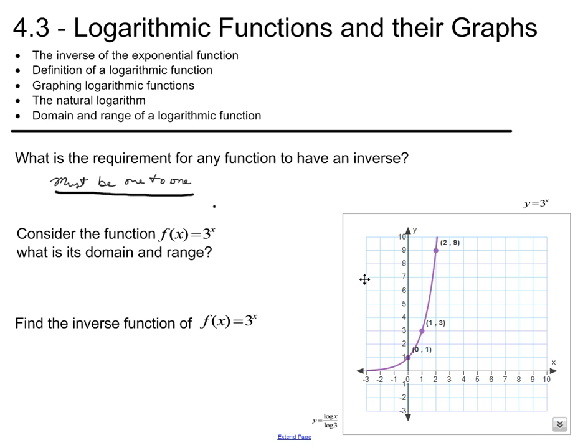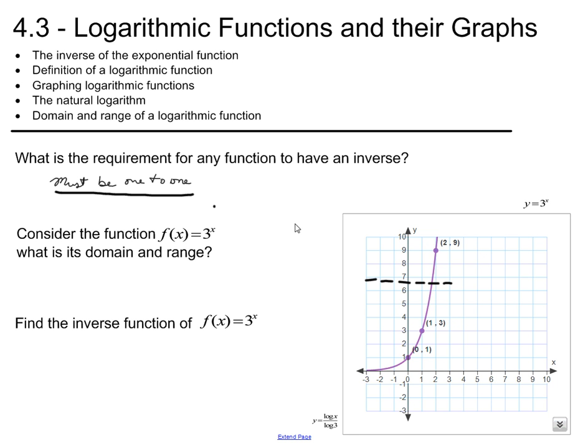If we were to draw a horizontal line through our graph at any point of the function, it would pass through in one and only one place. And so this is an important aspect of this, and we can say that each value of x is assigned exactly one value of y, and each value of y is assigned exactly one value of x.